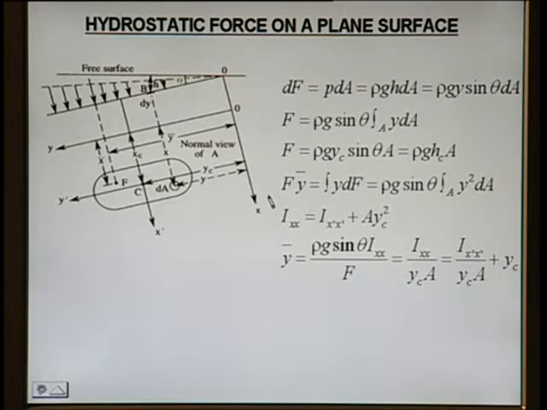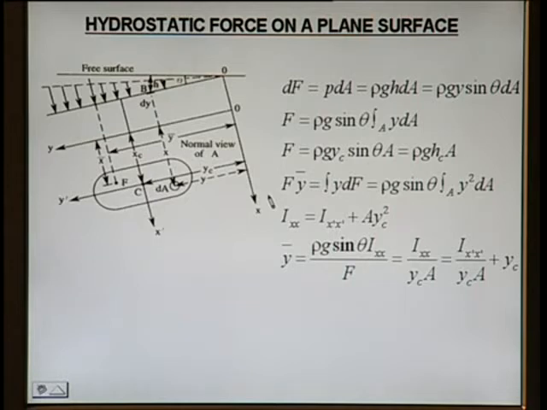So for that we are going to develop a relationship which will give us the force developed due to the fluid on the contact surface, and we must know at which point this force acts through. So we must know these things: first is the magnitude of the force and second is the point of application of the force.